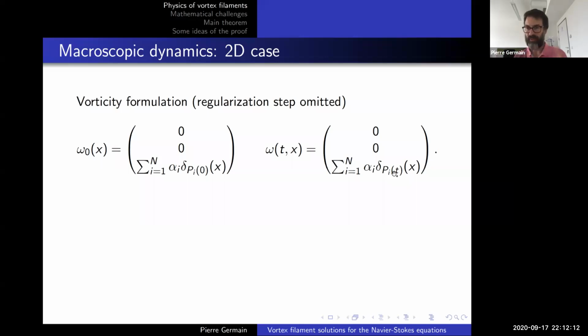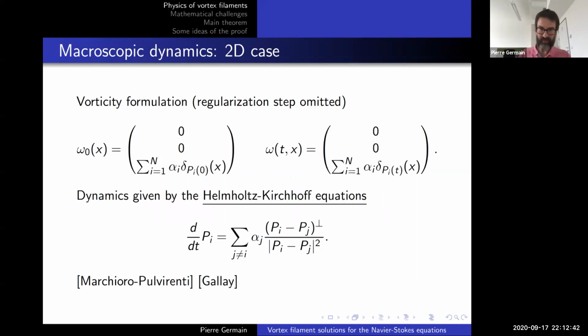But to recover the full solution, you should convolve omega with the heat kernel, basically, to have this microscopic dynamics that is spreading. However, what happens is that in 2D, you can take the limit nu to 0 and get a dynamics for point vortices in the Euler equation.